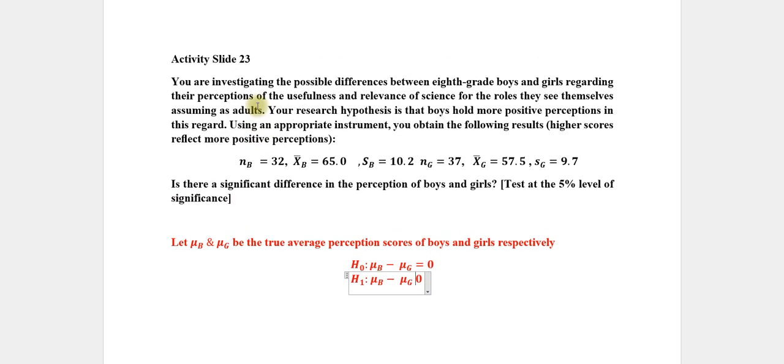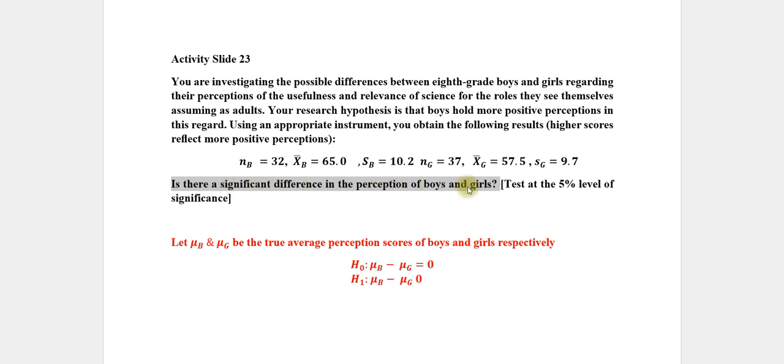In this question, it says you are investigating your research hypothesis that boys hold more perception in this regard. Many of you might think that this should be greater than 0. But if you think like that, it's going to be wrong, because at no point did this question refer to the research hypothesis. It's just asking if there is a significant difference in the perceptions of boys and girls.